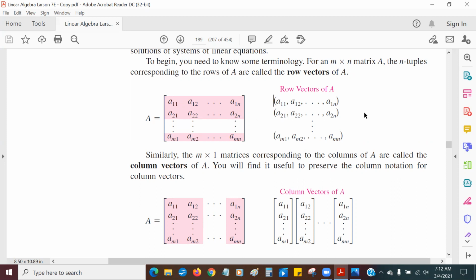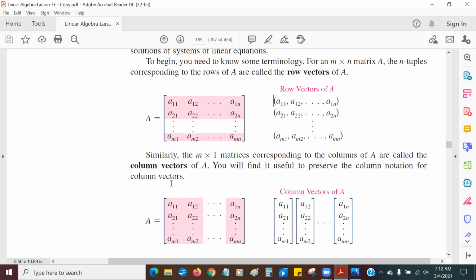Now, the span of these row vectors is going to be this thing called a row space, because we know that if you take any set of vectors and you take their span, it will form a vector space. We've established that already. It'll form a subspace of the larger vector space.